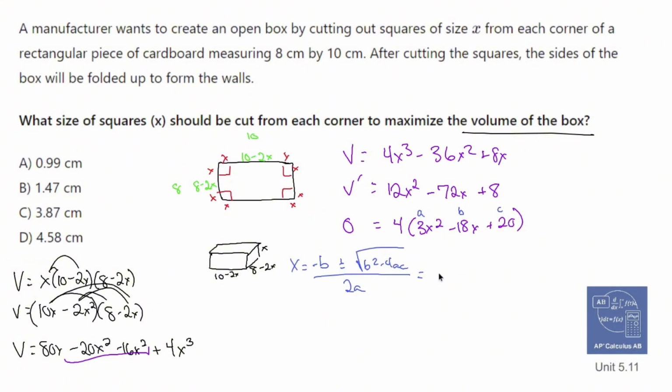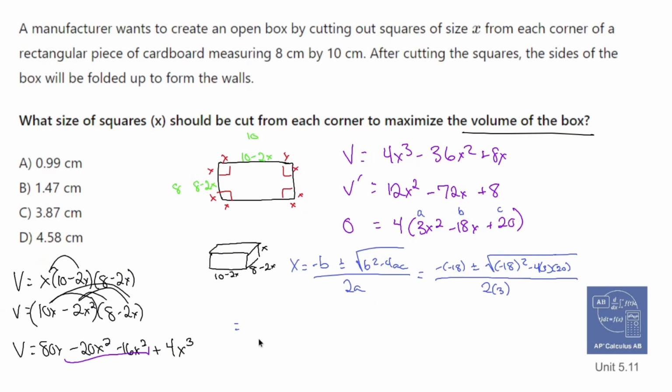And we'll plug in our friends. Negative negative 18 plus or minus the square root of negative 18 squared minus 4 times a, which is 3, times c, which is 20, all over 2a, which is 2 times 3.